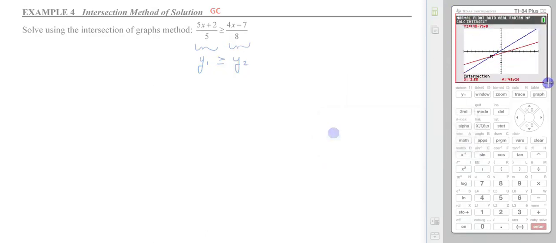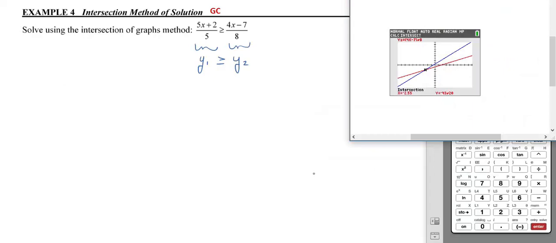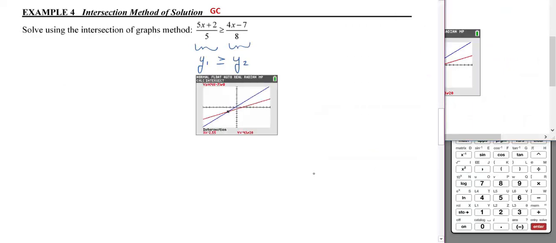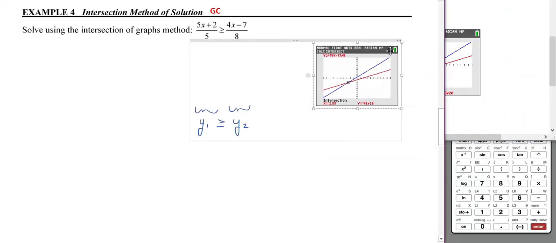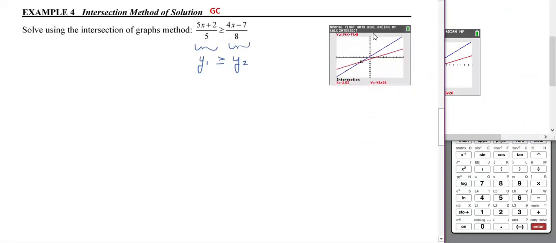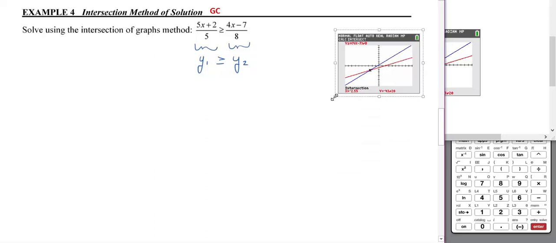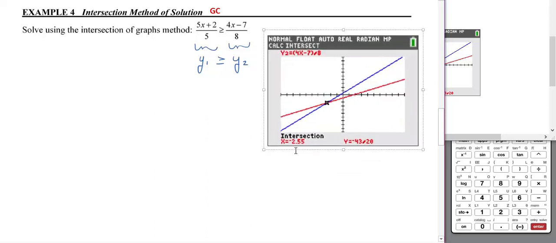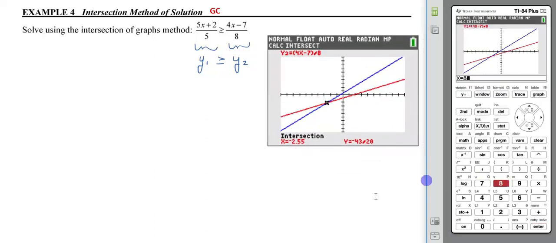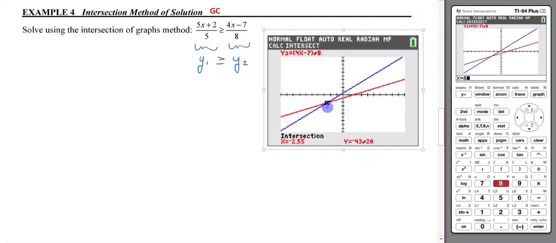So what I have here is that break even is at that point of intersection. That is where y1 is equal to y2. That value is an x value of negative 2.55.